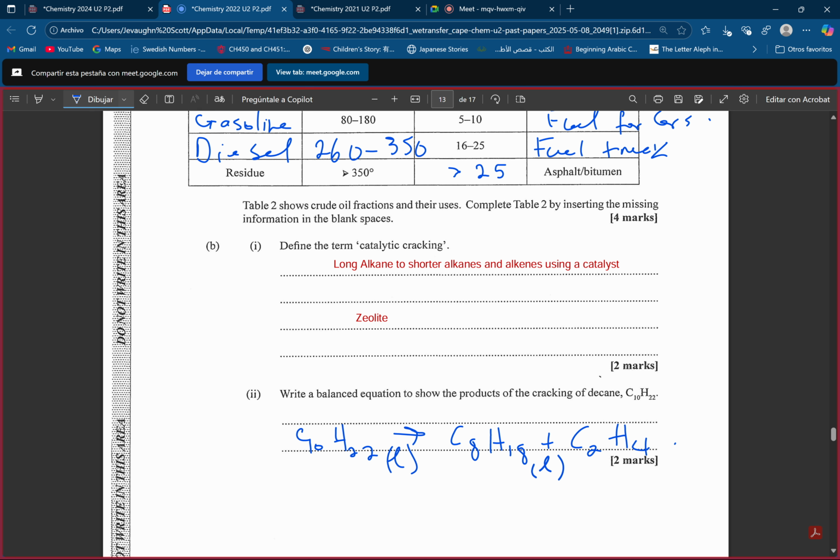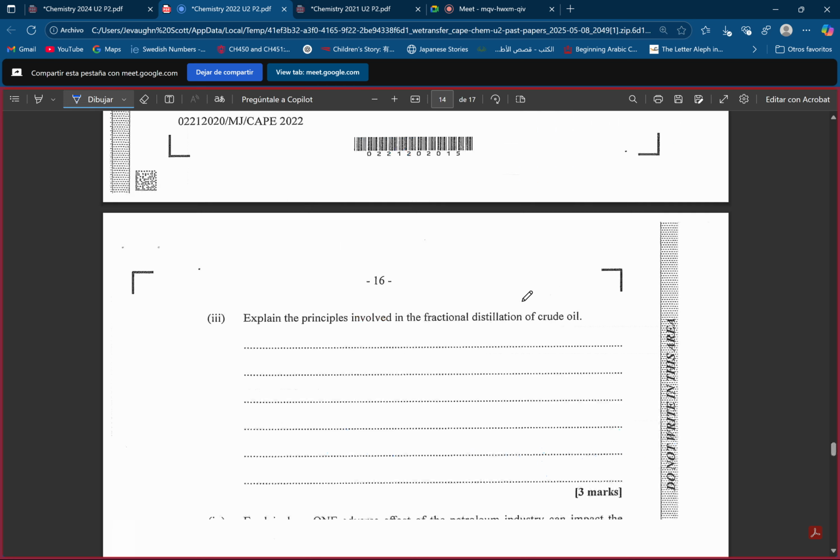Alright? Explain the principles involved in fractional distillation of crude oil. Do we know the principles? What are the principles involved? Go ahead.